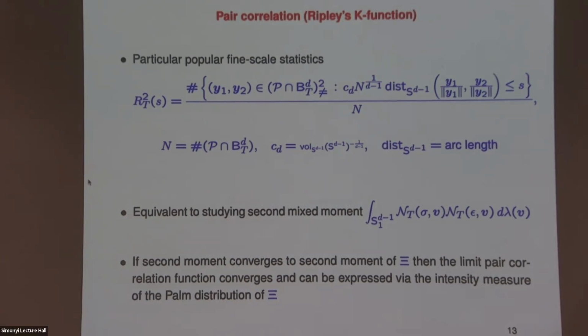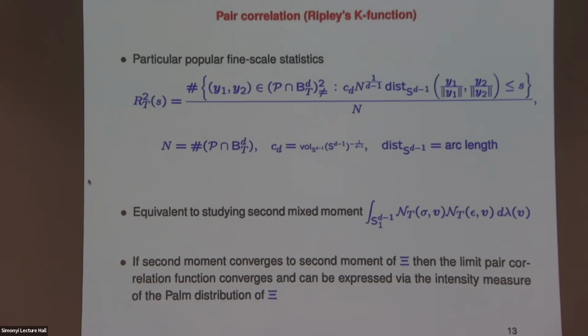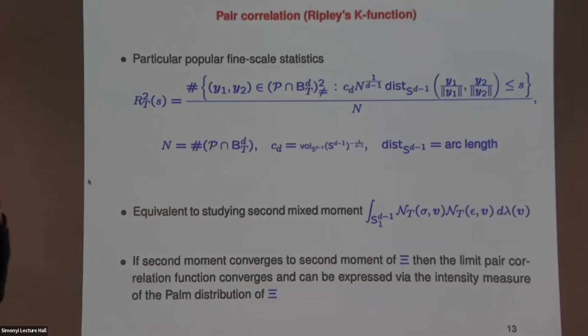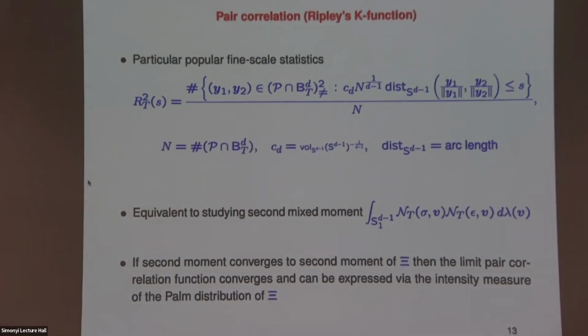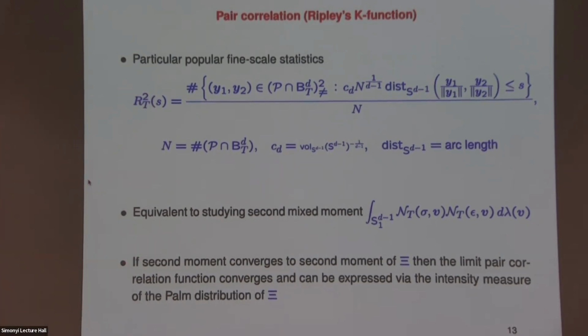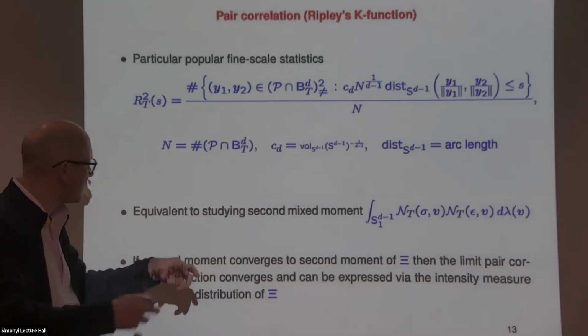We have n points projected onto our sphere, so the average distance between points will be 1 over n, so 1 over d minus 1, the reciprocal of this. We divide by the total number of points, and then the question is, does this have a limit distribution? This is the so-called two-point statistics or Ripley's K function for a general point set, and here we apply it to our projected setting.